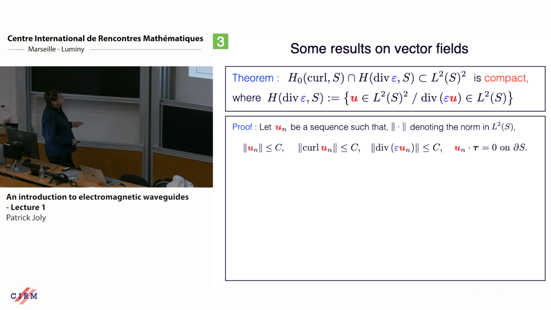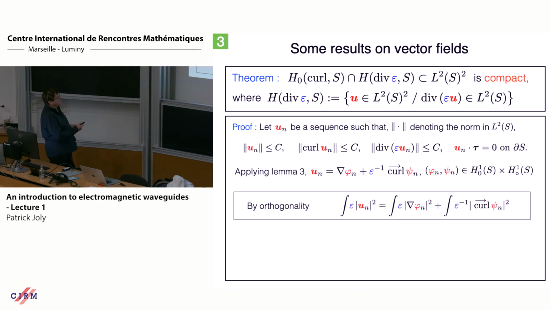And I can conclude to the compactness result I announced. So you consider a sequence which is bounded in this space, which means that all these quantities are bounded, plus the boundary condition. And then you apply the decomposition of vector field to this UN here, and you use the orthogonality conditions I have mentioned before.